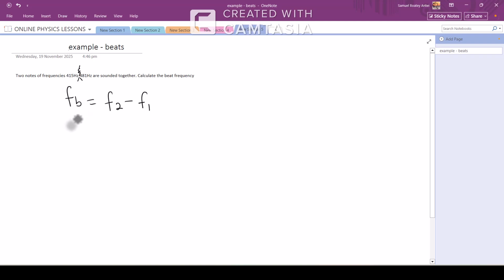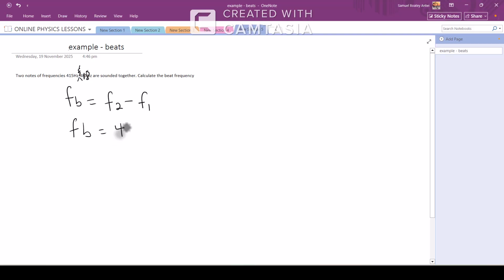Calculate the beat frequency. So our FB is going to be, it should be 418, not 481, 418 hertz. Because the frequencies should be similar, there shouldn't be a great difference between them.